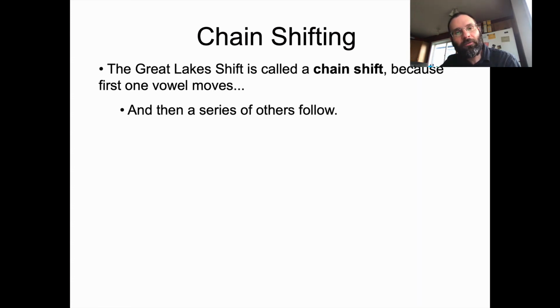So I talked about this a little bit in 341. It's kind of a fun phenomenon, so I might as well talk about it again. The Great Lakes shift is a chain shift, which is a term you might have learned in historical linguistics, because first one vowel moves and then a series of others follow. And the idea, again, is that this is a shift with a phonetic basis.